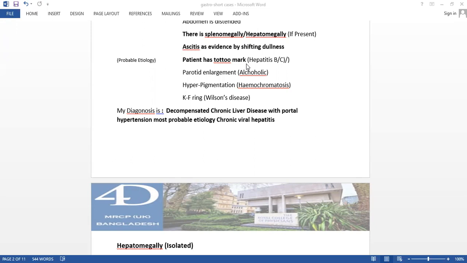The abdomen is not distended, and there was hepatomegaly which was palpable about 3 centimeter from the right costal margin in the midclavicular line towards the right iliac fossa, and the margins were well defined with a firm surface.